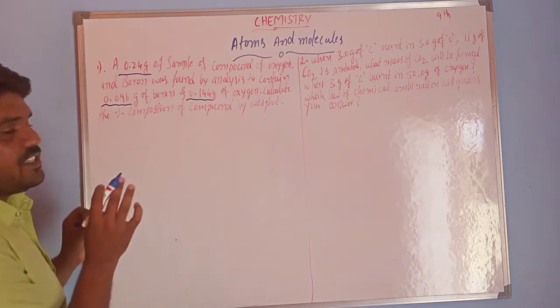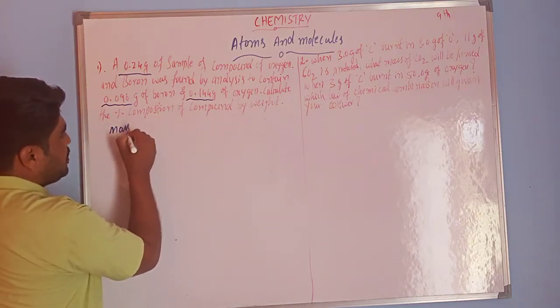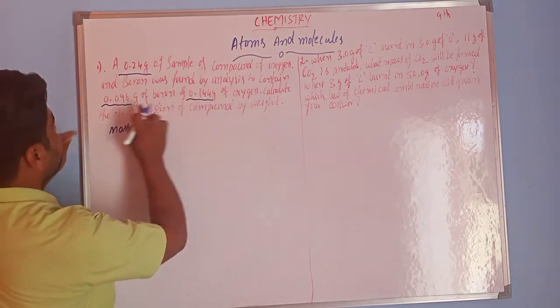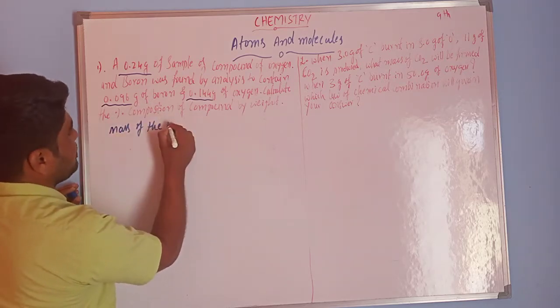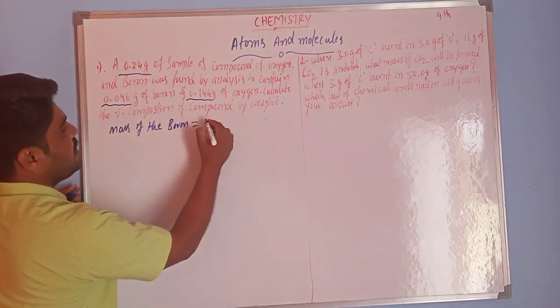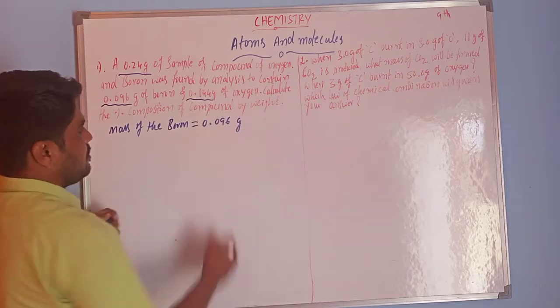So first you have to understand the given data. Mass of boron is equal to 0.096 grams.